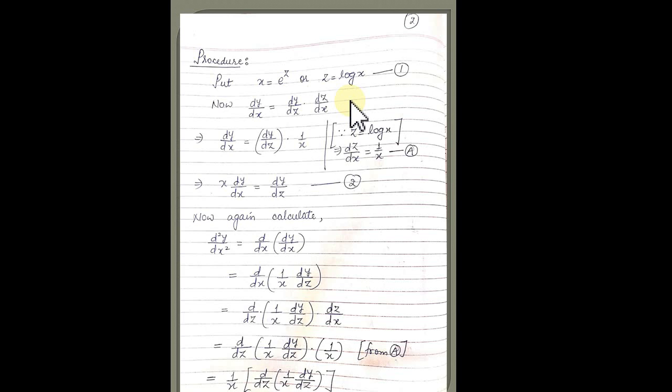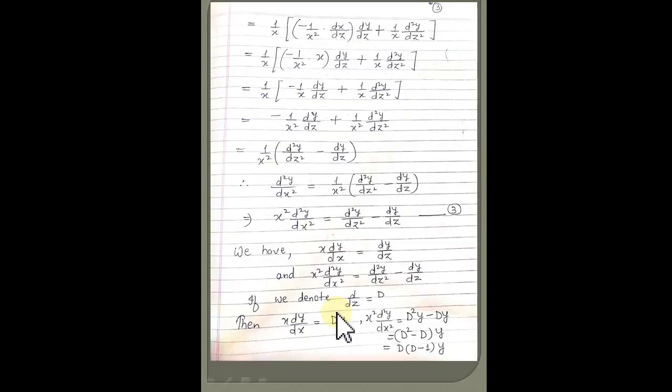Simply by differentiation, after differentiating in equation number 2 we can see we are getting x dy upon dx equal to dy upon dz. Similarly, we have to calculate d2y upon dx square, and after again differentiating we can get the value of x square d2y upon dx square as d2y upon dz square minus dy upon dz.